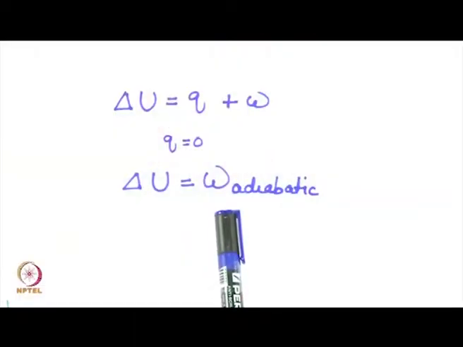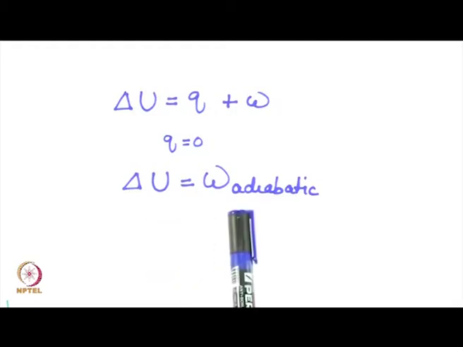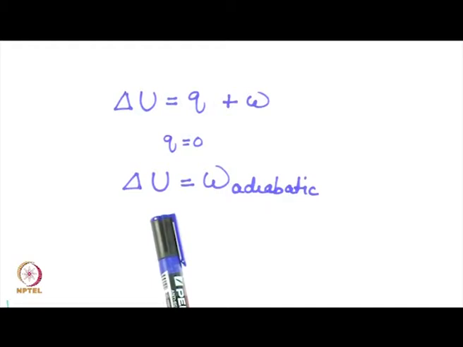Remember that we have discussed that work is a path function, but see what we are doing here: we are connecting a path function with a property which is a state function. A path function is becoming equal to the difference in the properties of a state function.